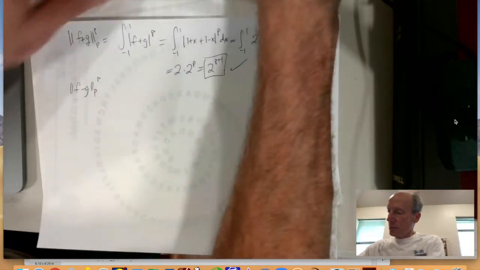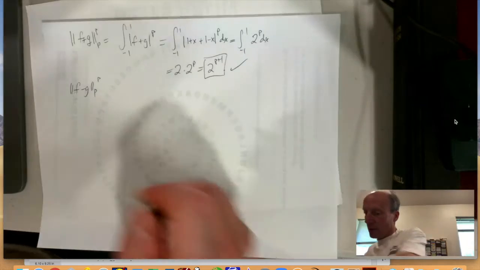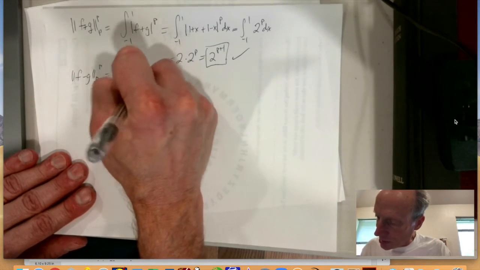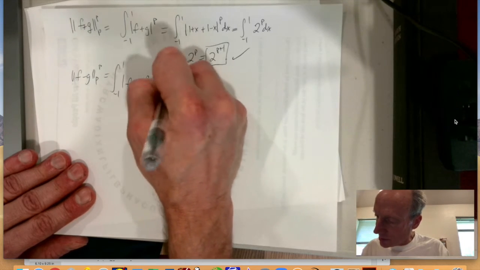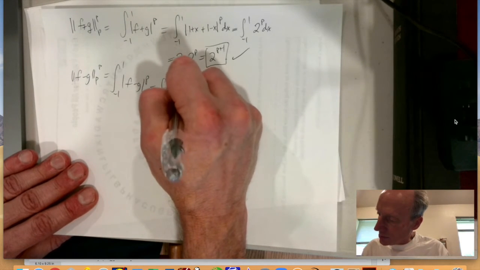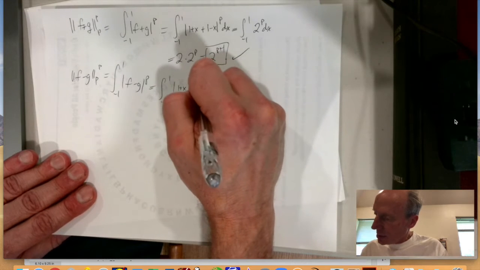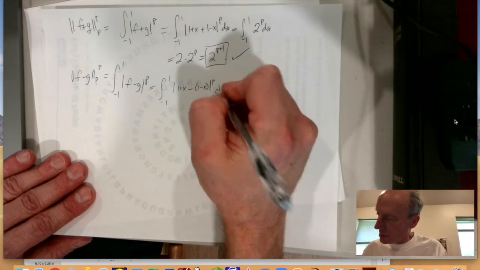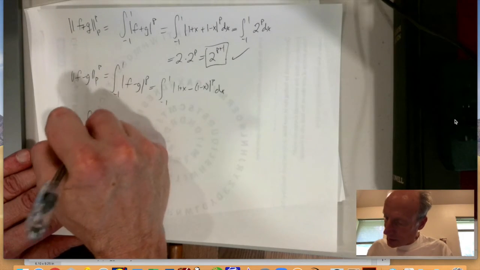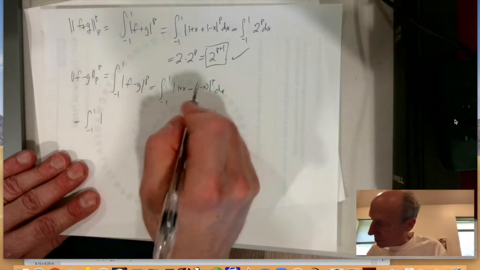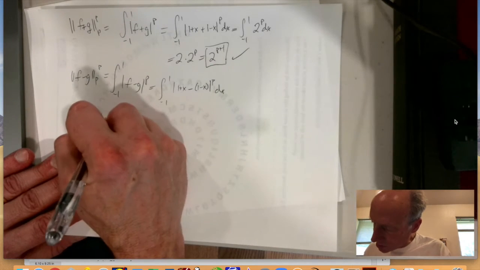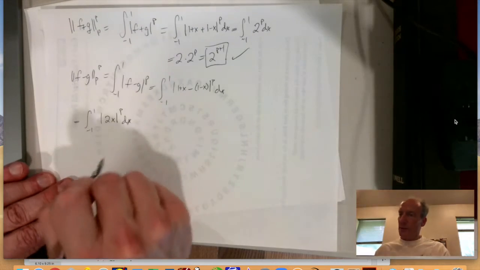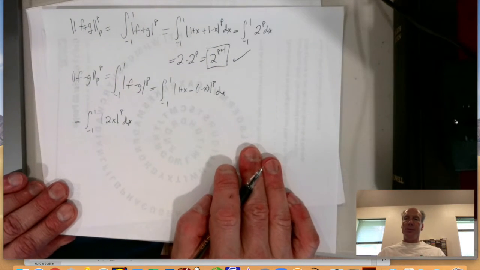So this one is the integral from negative 1 to 1 of absolute value of f minus g to the p power, which is absolute value of 1 plus x minus 1 minus x, all to the p dx. The 1s cancel, and we get the integral from negative 1 to 1 of absolute value of 2x to the p dx. Now what should we do?